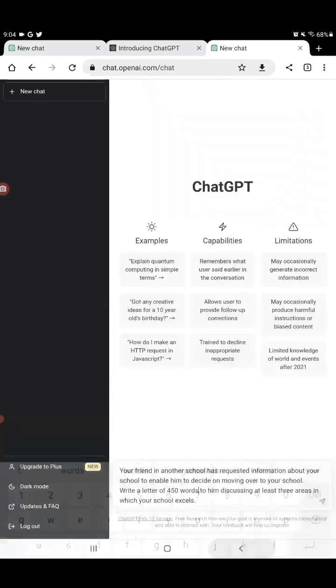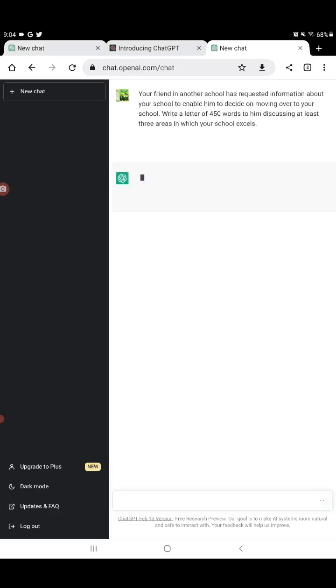So you are able to edit the question: your friend in another school has requested information about your school to enable him to decide on moving over to your school. Write a letter of 450 words to him discussing at least 3 areas in which your school excels. So you just press send.